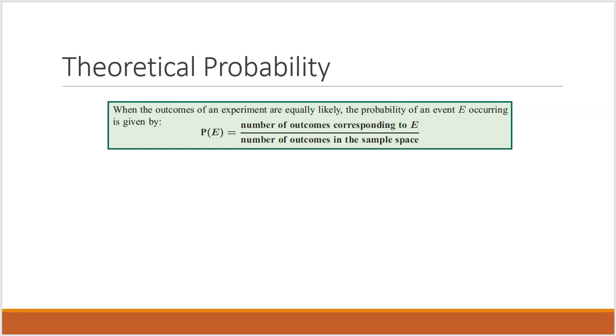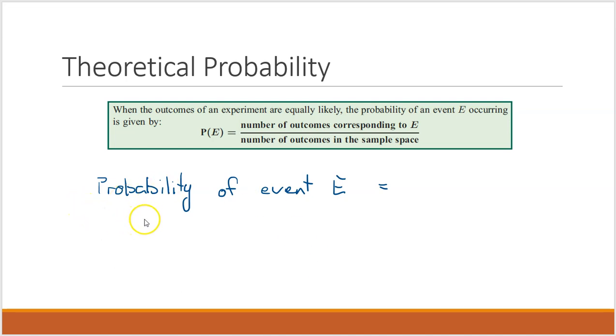P of E equals number of outcomes corresponding to E divided by number of outcomes in the sample space. P of E stands for probability of event E equals.